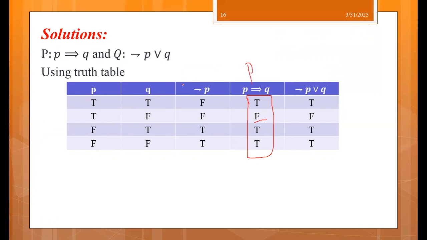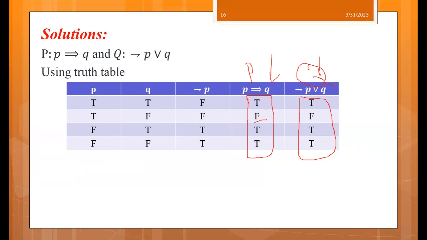Similarly, for Q, that is negation of P or Q, which is a logical disjunction, the truth values will again be this one. This is the compound statement which is Q. So when we compare and contrast the truth values of these two compound statements, that is the last two columns of this table, they do have the same truth value.